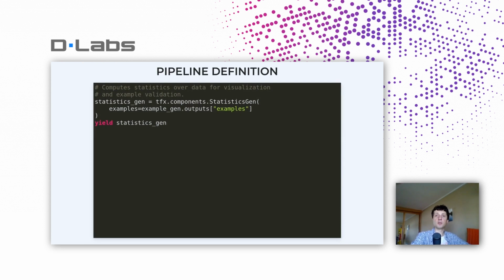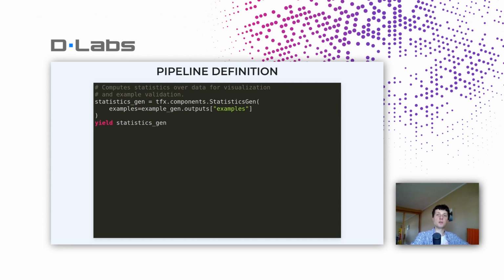The next component is statistics gen. This is going to compute statistics over our examples so that we can visually inspect them and find out if we are by any chance not somehow getting wrong data. Maybe we can spot some problems like large amounts of null values and so on.